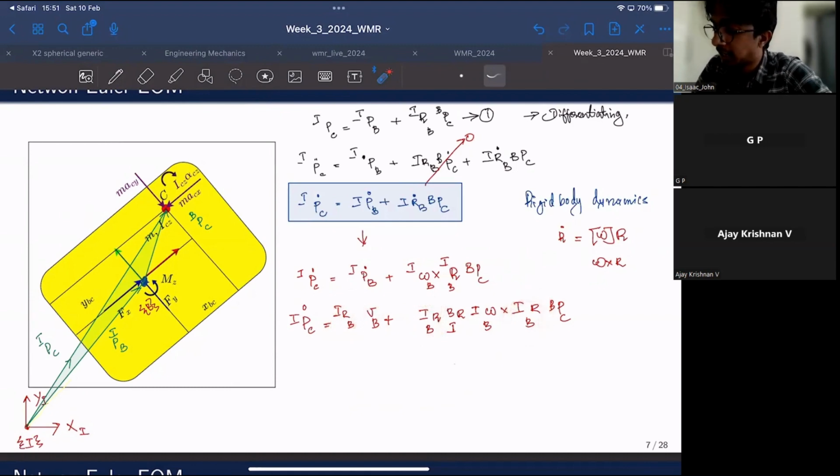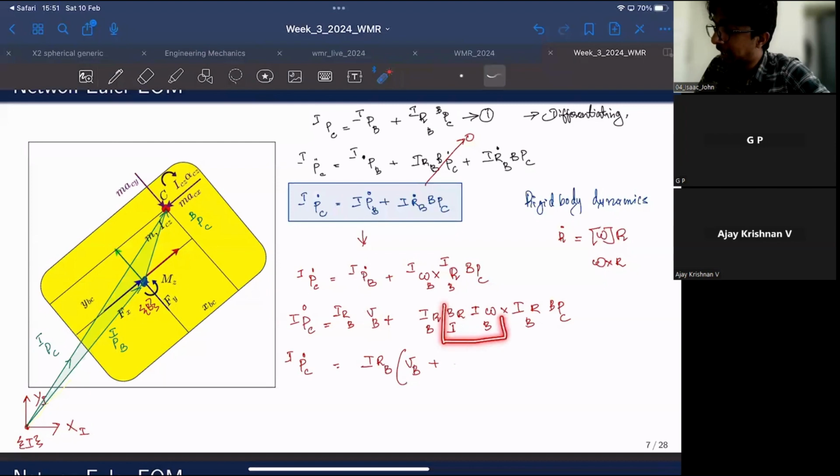So if you take this IRB common, we have VB over here plus, because IRB is common, this thing, angular velocity of B represented with respect to I. Then we also have it pre-multiplied by rotation matrix of I that is referred with respect to B. So this is R transpose.